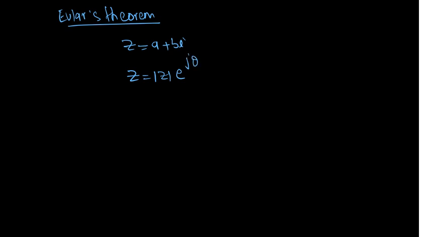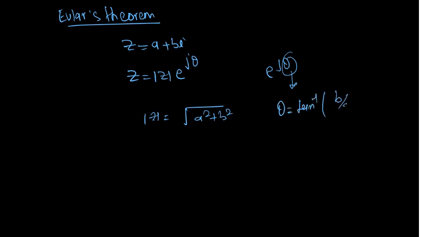Here mod z is equal to the square root of a squared plus b squared, and here theta is tan inverse of b divided by a. So Euler says I can put this into this.